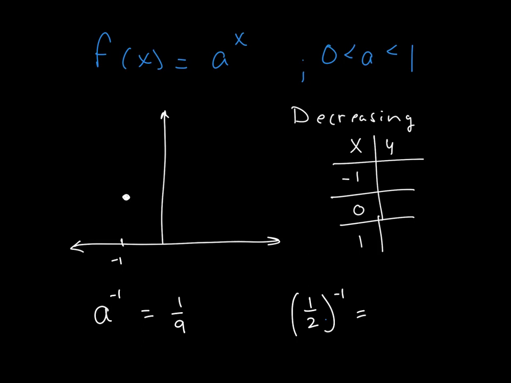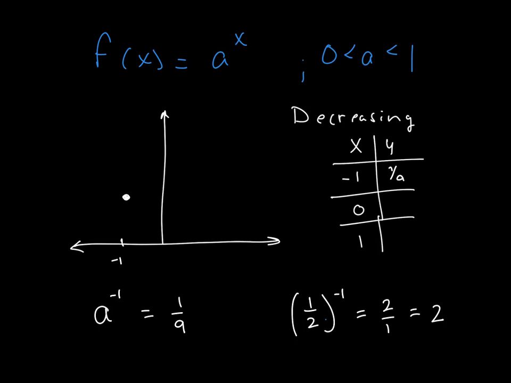Or the reciprocal of that, which would be 2 over 1, which is 2. All right? So this would be 1 over a, but a real world example for this, if a was equal to 1/2, would be 2. That's why it's a little bit larger here.